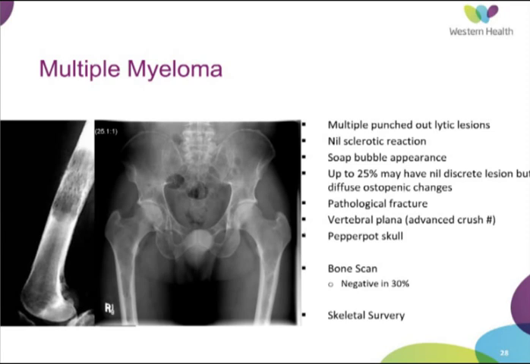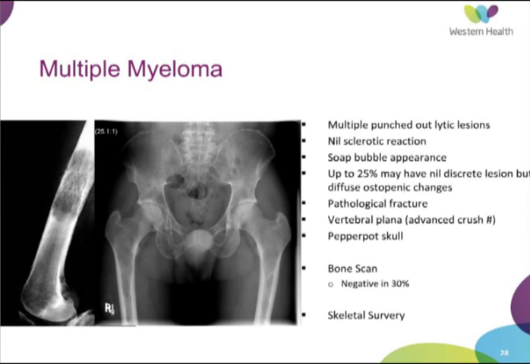An interesting thing that I found, which I didn't know, was that up to a quarter of the patients with multiple myeloma don't have any discrete lesion throughout the skeleton, rather diffuse osteopenic changes. They can also present with pathological fracture or advanced crush fractures and almost flattening of vertebral bodies, and a pepper pot skull appearance, which I think most of you have seen X-rays for.